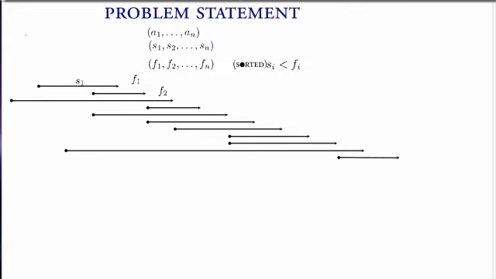By the way, we can assume that our input comes in sorted order by finish times. So just like this diagram, the finish times, F1 finishes before F2, finishes before F3, all the way up to Fn. And the start times are essentially represented by these dots right here. So that's essentially the problem. You're given a list of classes, and you can't have any 2 classes overlap. So you need to find a maximal set that doesn't overlap.